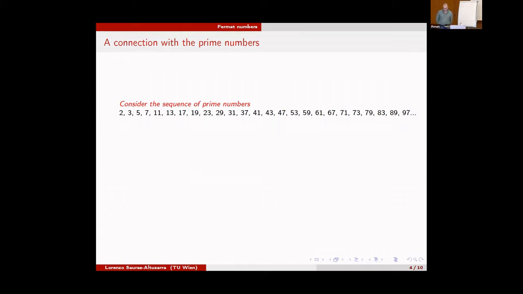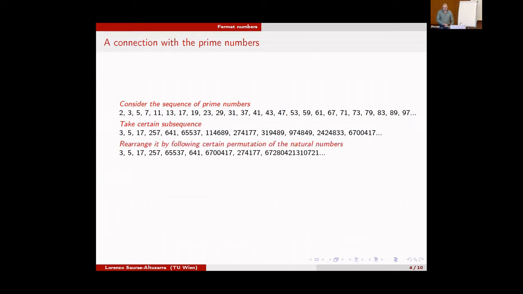So consider the sequence of prime numbers, that is 2, 3, 5, 7, etc. Then take a certain subsequence on which we don't know any pattern, so 3, 5, 17.